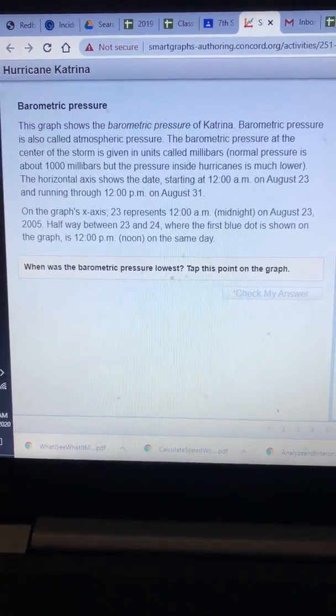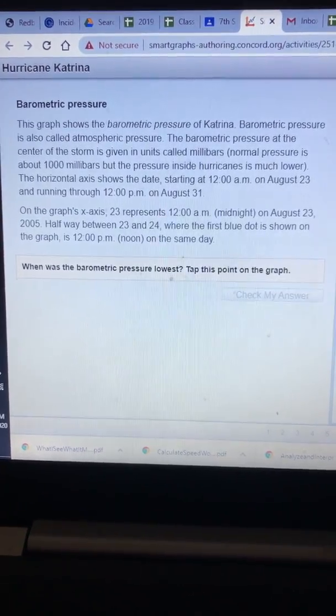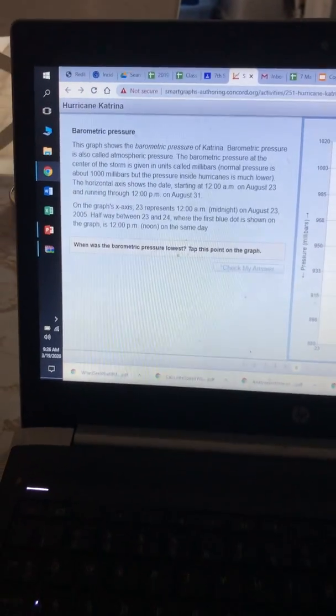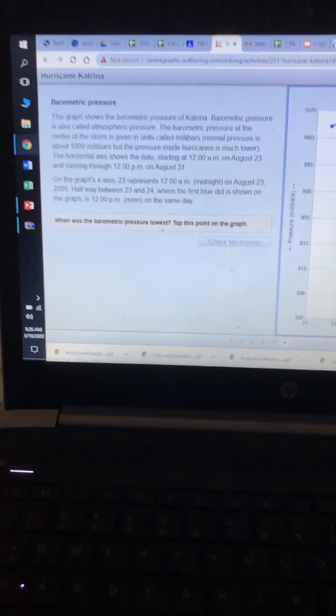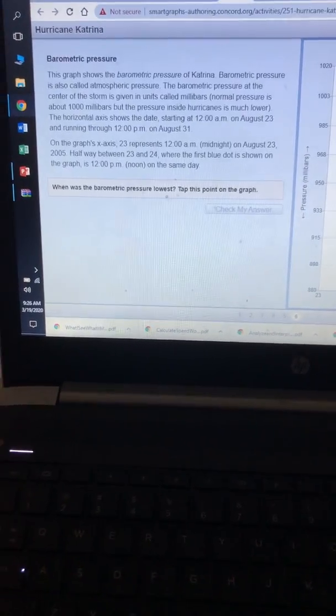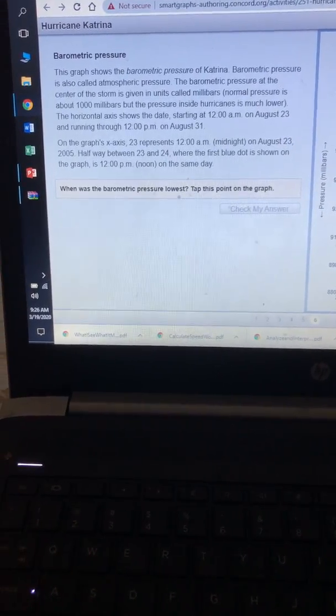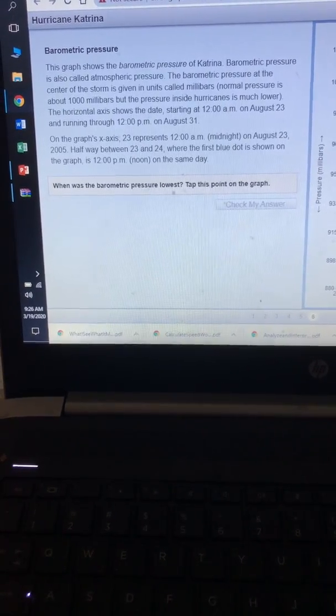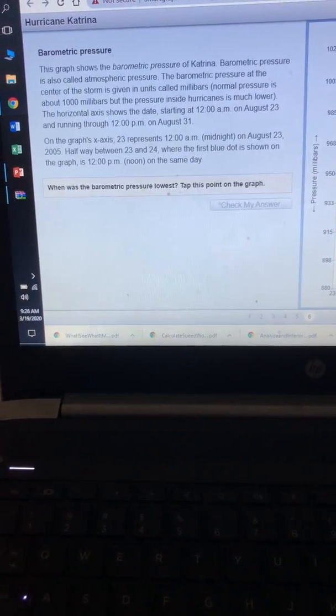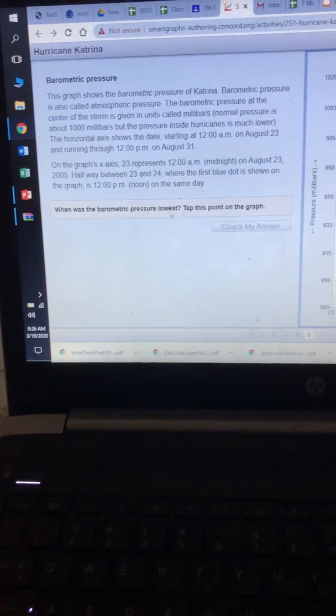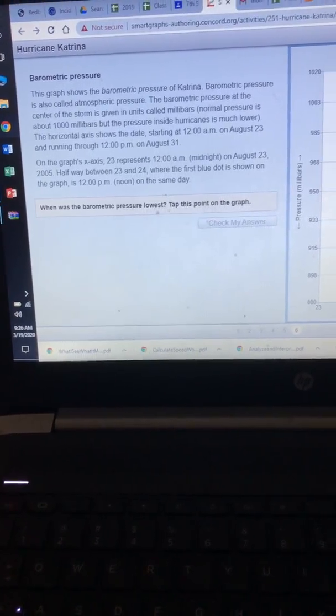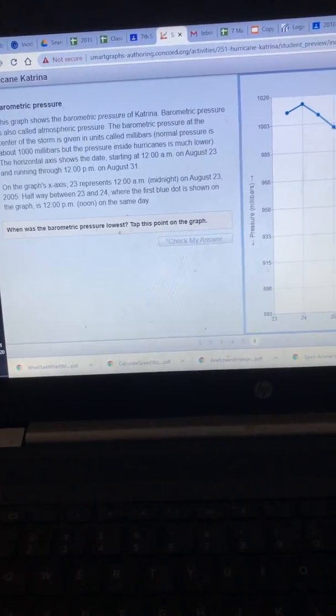The horizontal axis shows the date, starting at 12 a.m. on August 23rd and running through 12 p.m. on August 31st. On the graph's x-axis, 23 represents 12 a.m. midnight on August 23rd, 2005. Halfway between 23 and 24, where the first blue dot is shown on the graph, is 12 p.m. on the same day. Okay.